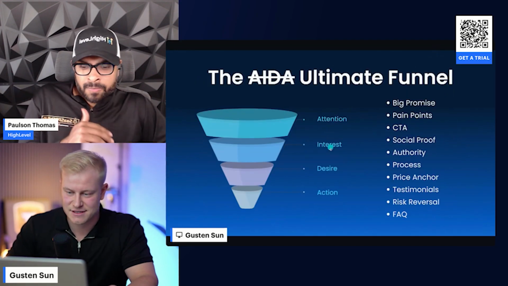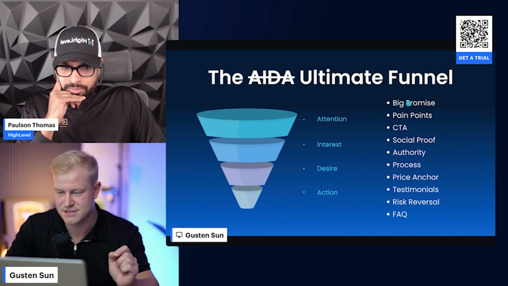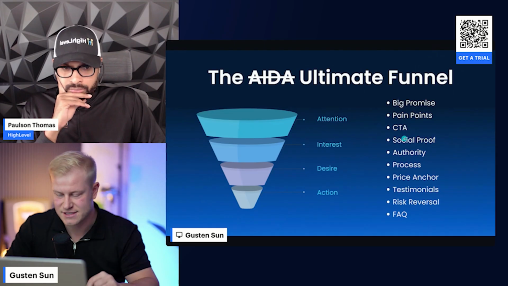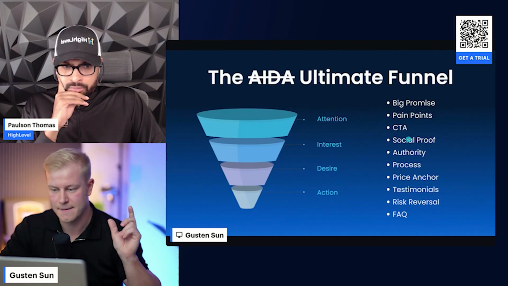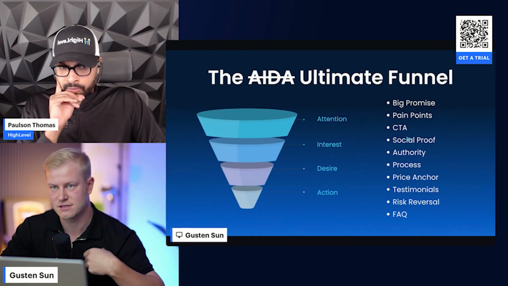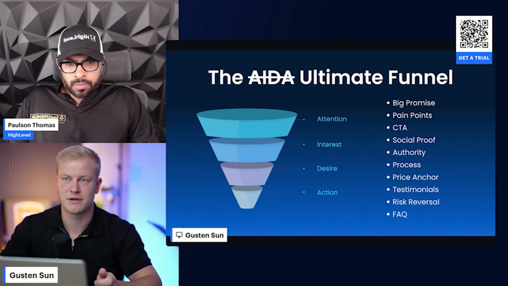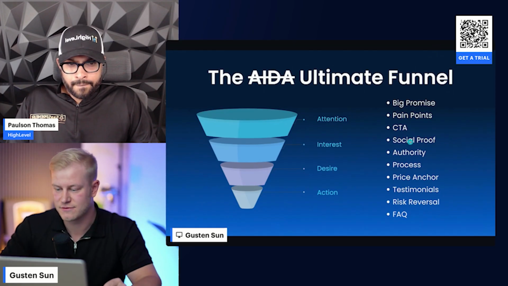Instead of attention, interest, desire, action, it looks more like attention through a big promise, and then attention through pain points, benefit driven call to action, outcome driven call to actions, and then social proof, maybe your own results, maybe people wearing the thing that you're selling, or holding an award, being on stage, social proof of other people having results as well, not just you.